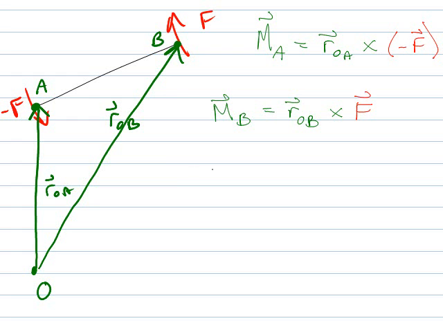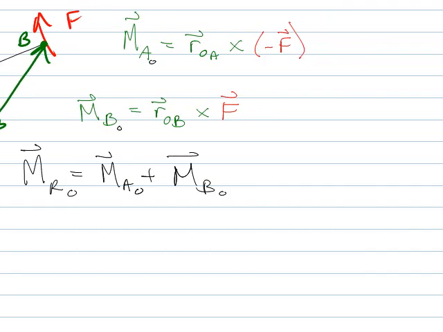That means my total moment, my resultant moment, is going to be MA plus MB for the whole system. My moment resultant around O is going to be MA around O plus MB around O. I left off my O's, but it doesn't really matter because we're only talking about that point right now. Let me do some messing around over here.